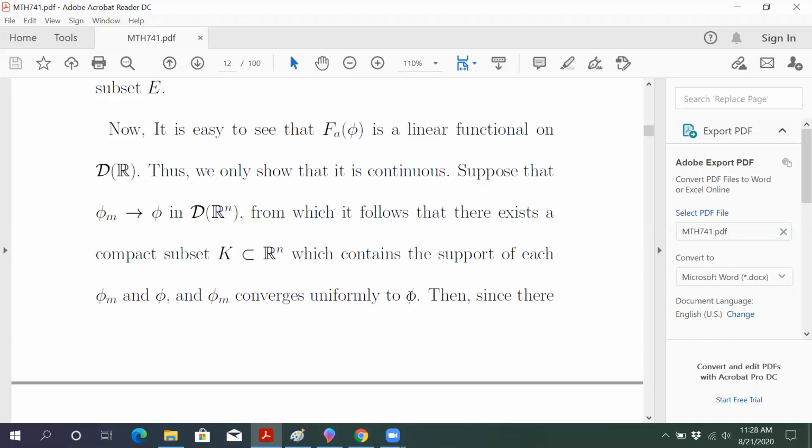Do you remember this? So make a note. It means phi_m converges uniformly to phi and every derivative of phi_m also, but we are going to use only this.